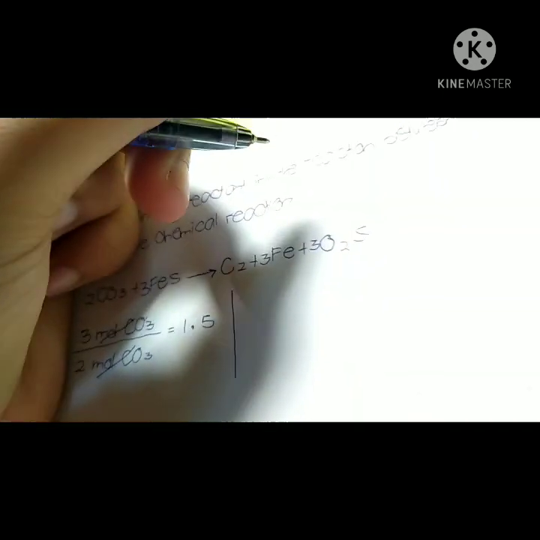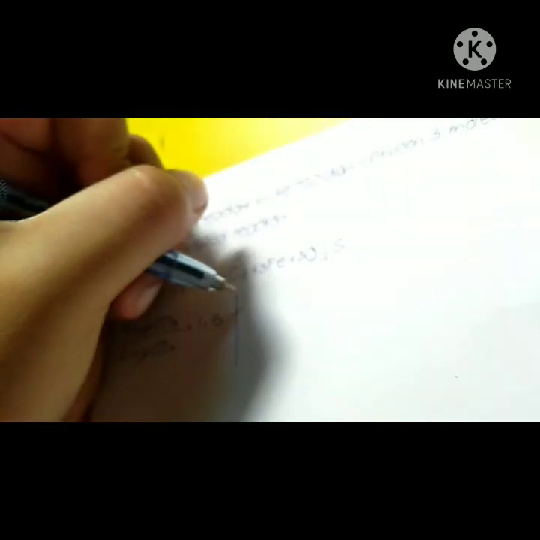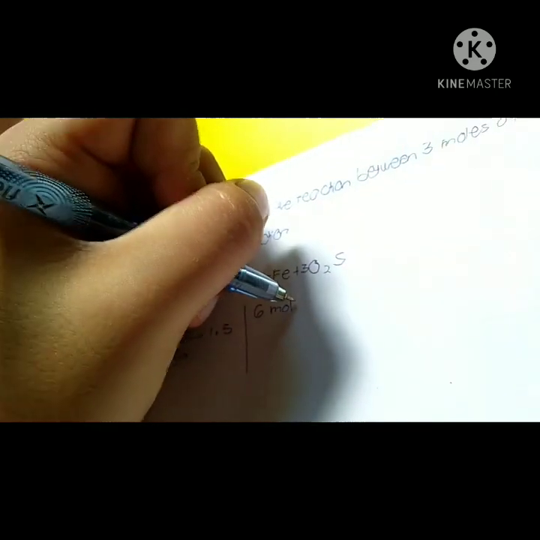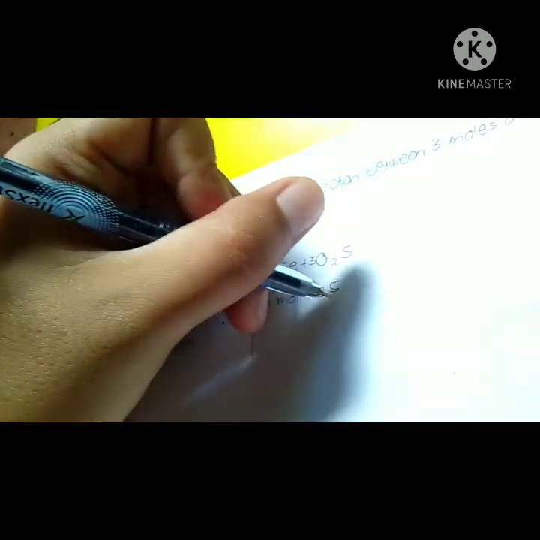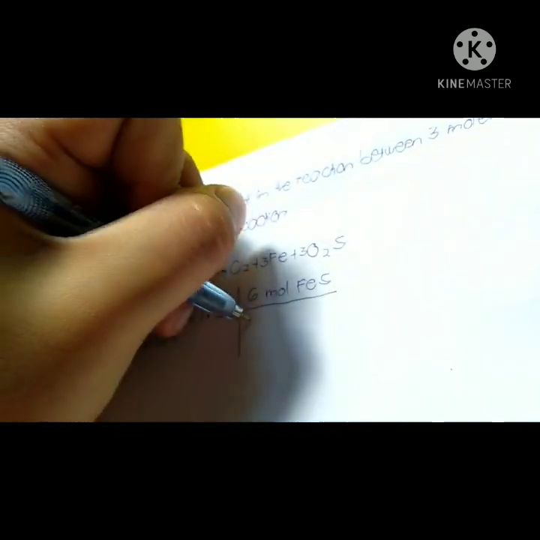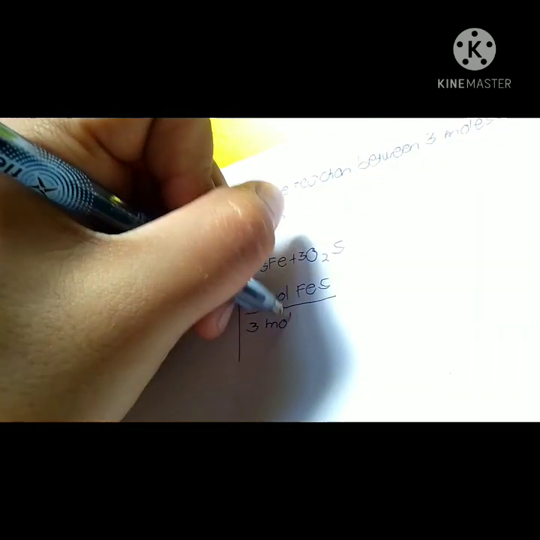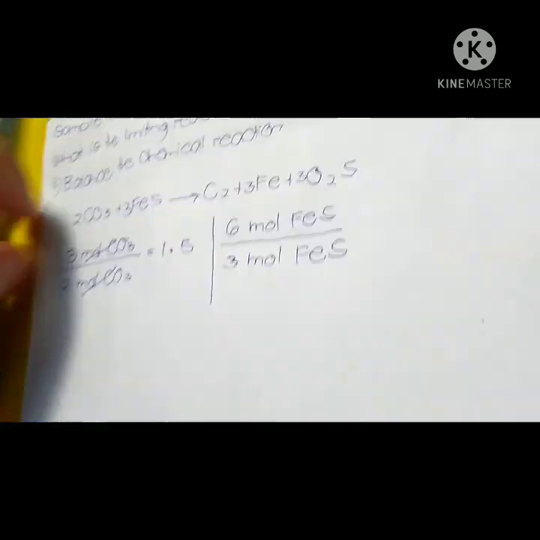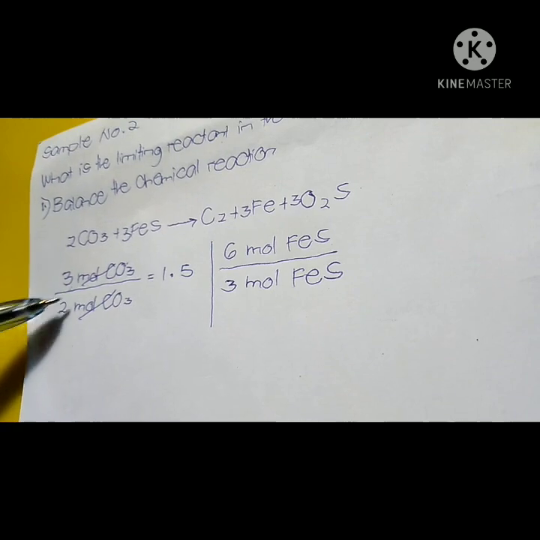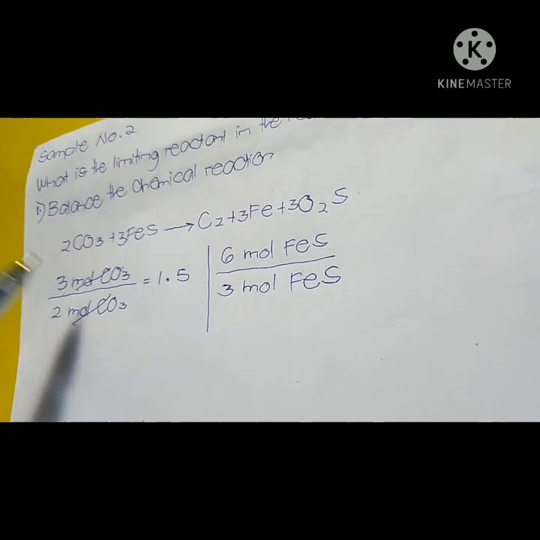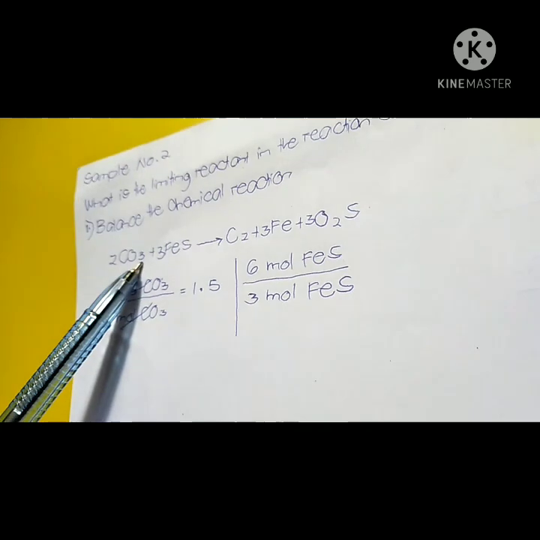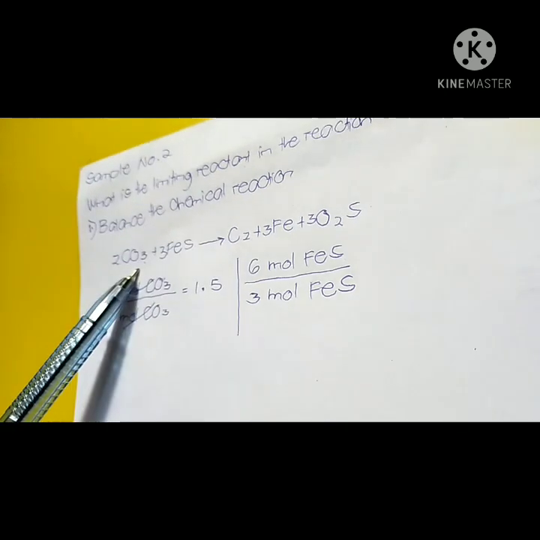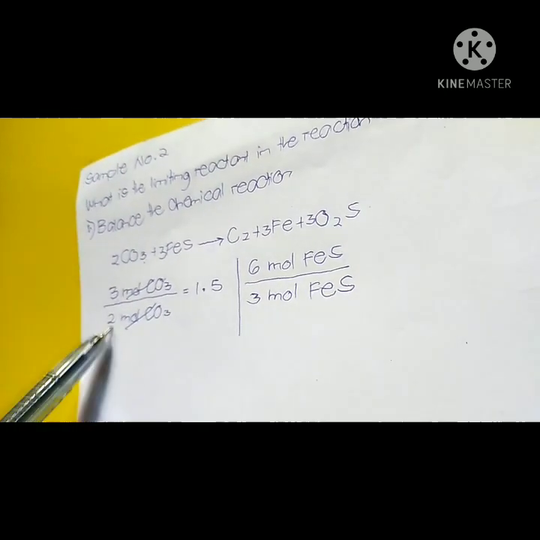Second, 6 moles of FeS, then 3 moles. The 3 in the 3 over 2 is not the moles of carbon dioxide or oxygen; the 2 is the coefficient.